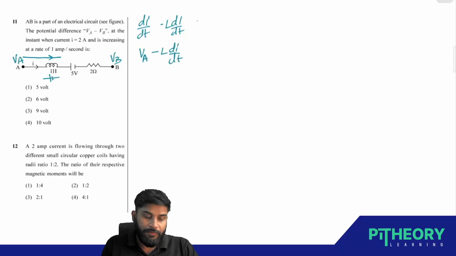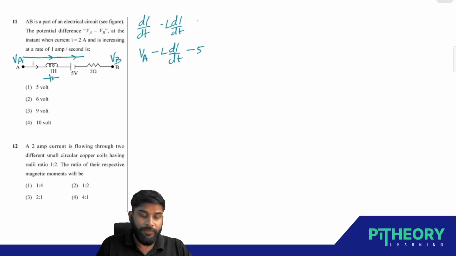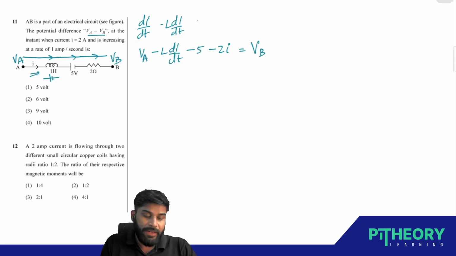Now from here, if you continue, you're going across a cell, moving from the positive to the negative terminal. So potential is decreasing. So you can write it as minus 5 volt. Now you're going in the direction of current, correct? So you cross the resistor, and there is a potential drop. How much is that? Minus 2I, where I is the current. That is equal to the potential at the point B. And you need to find VA minus VB only. So let's write VA minus VB.